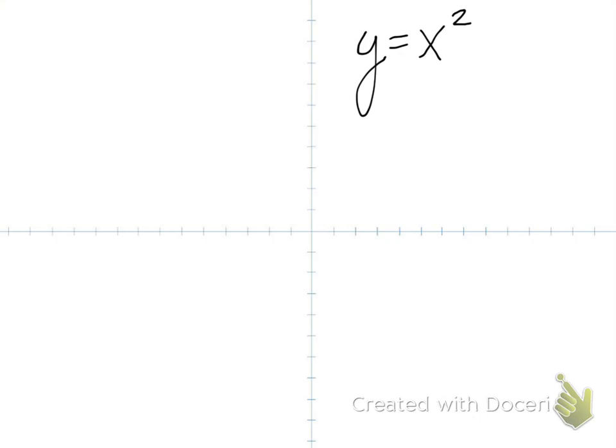Let's do positive 2x, and then minus 8. Okay. How would you solve that quadratic? I don't have a graphing calculator on me. So I would have to solve by trying to factor.